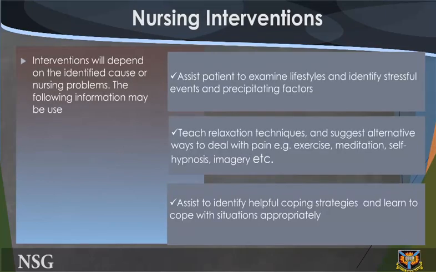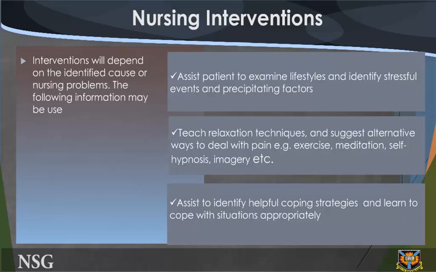Nursing interventions. Interventions will depend on the identified cause or nursing problems. The following information may be used: assist patients to examine lifestyles and identify stressful events and precipitating factors.